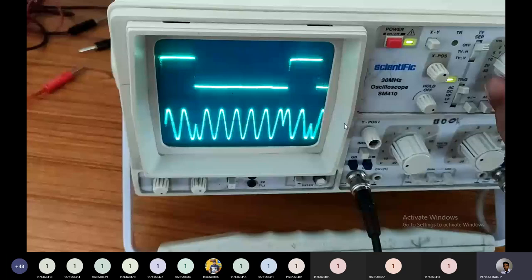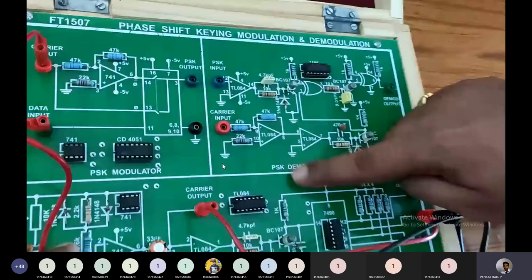Like that, you can identify the PSK modulated output corresponding to different bit sequences. We can also observe the other two inputs as practice.